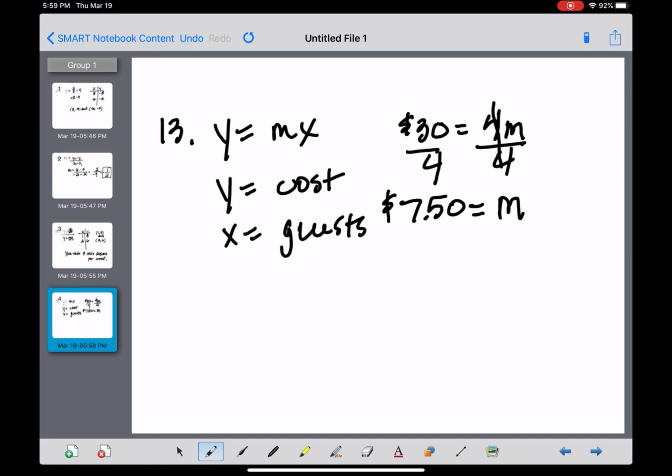Part B says interpret the slope. What does that $7.50 mean? Well, if we go back up to our equation and we put $7.50 in for m, sorry, that's kind of messy.